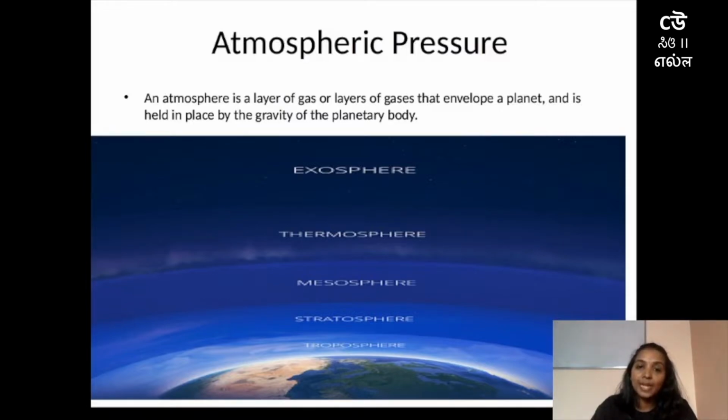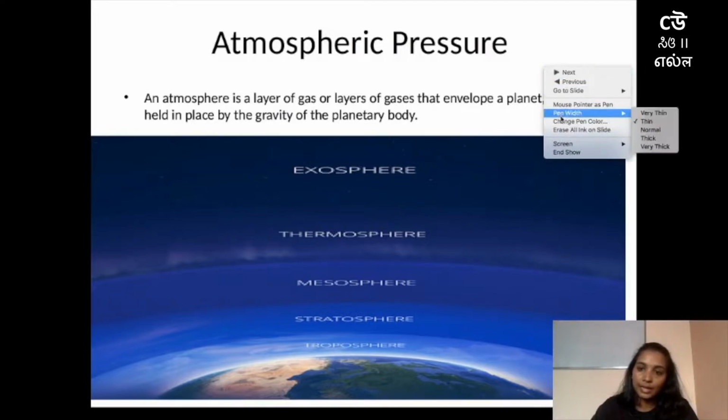As I explained in liquids, the pressure in the atmosphere also varies according to the layers of the atmosphere and the density in the different layers.